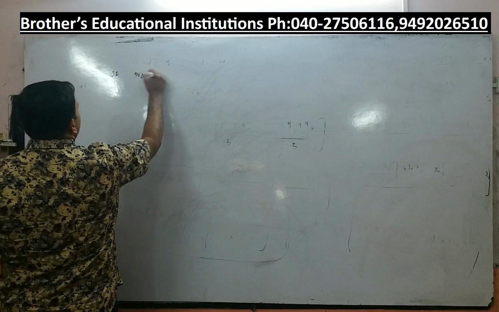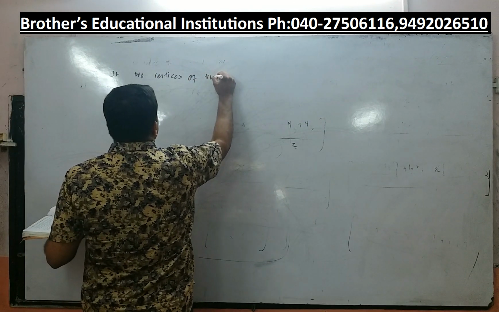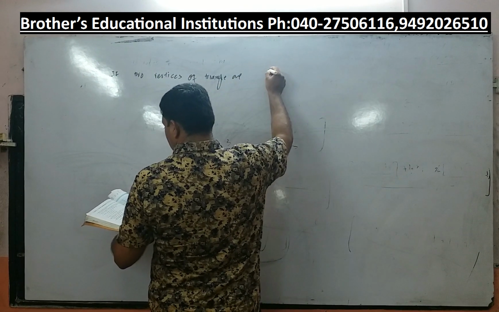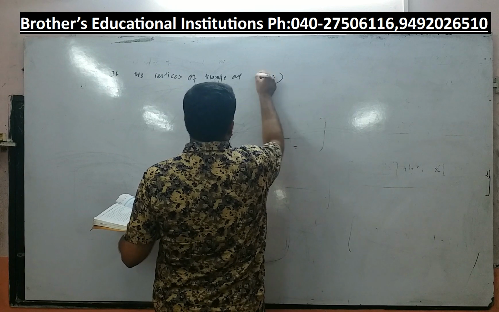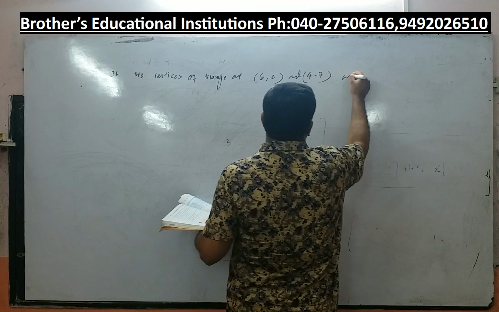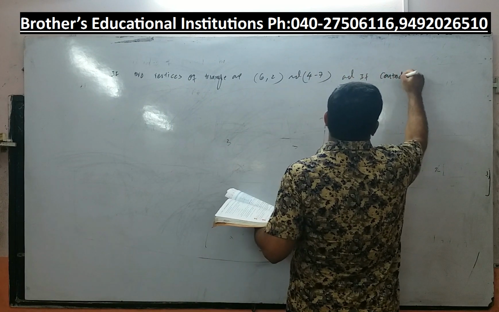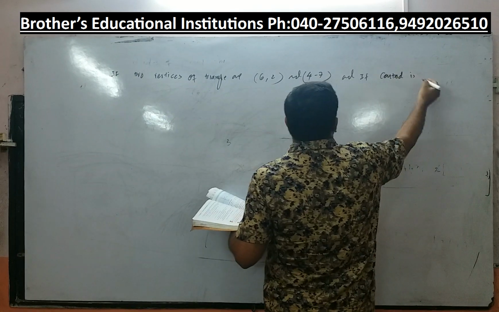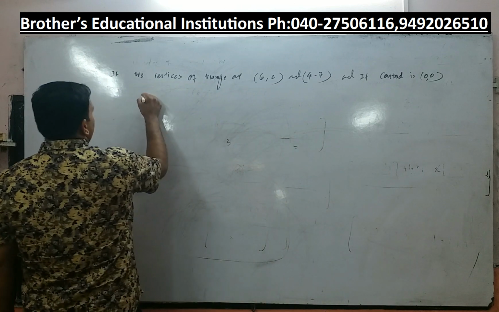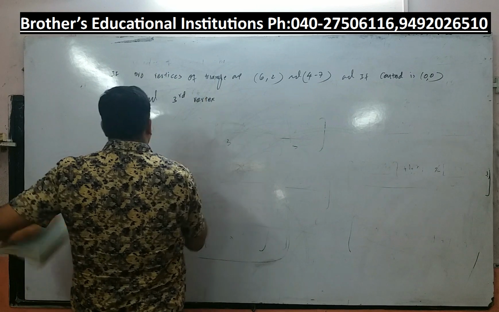If 2 vertices of a triangle are (6, 2) and (4, -7), and if the centroid is (0, 0), find the third vertex. Okay, now what do I do?